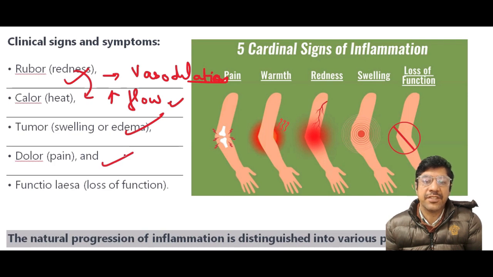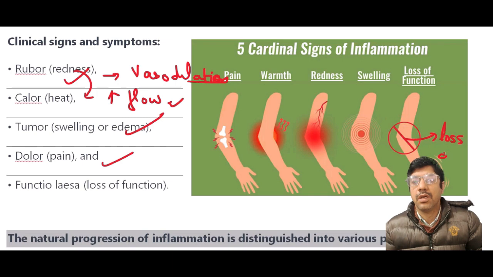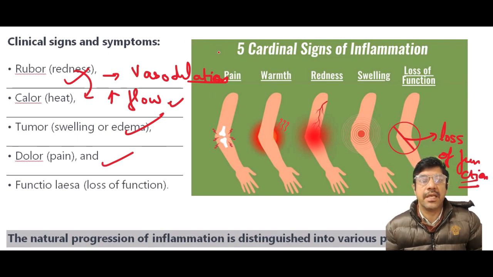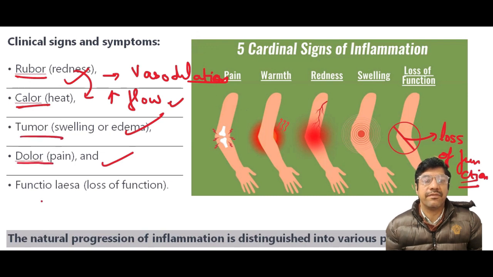And last is functio laesa, so loss of function could be seen. These are the five cardinal signs of inflammation: rubor, calor, dolor, tumor, and loss of function.